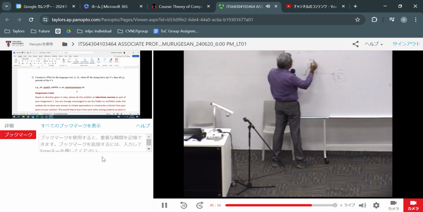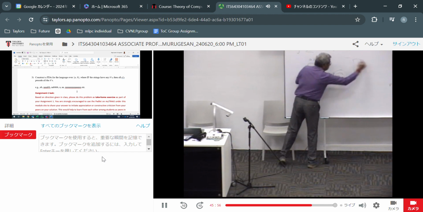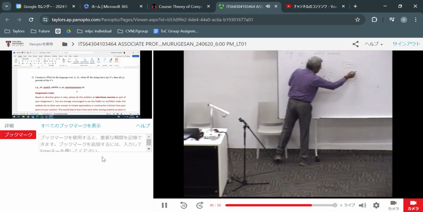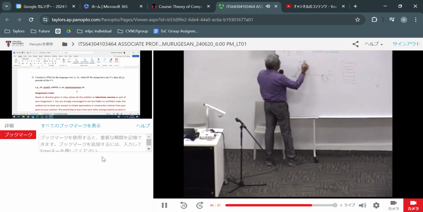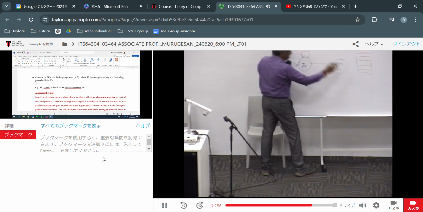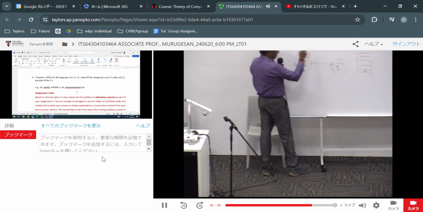A means I am going to say, currently my stack is empty. Stack is empty, replace it with capital A. So A means I am pushing A. That's what I am doing here.